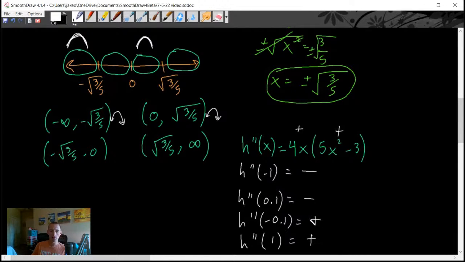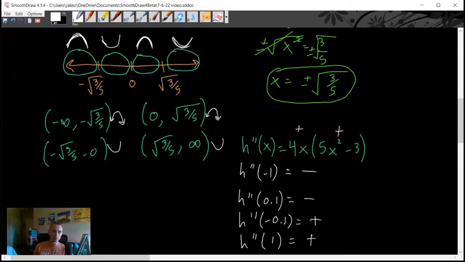Okay, and then these other two intervals, which came from these other two second derivative outputs that were positive. Those came from these two intervals here and here, which means these are both concave up, which means our original function between negative √3/5 and 0 is concave up. And then for x's greater than √3/5, it's concave up also.